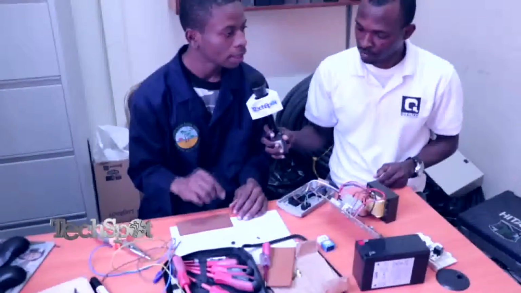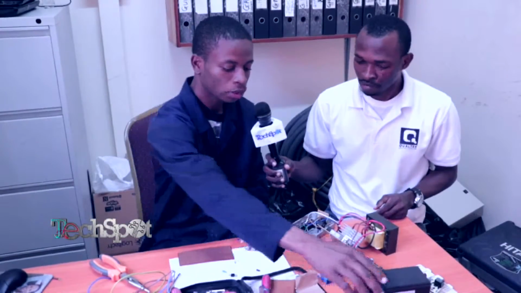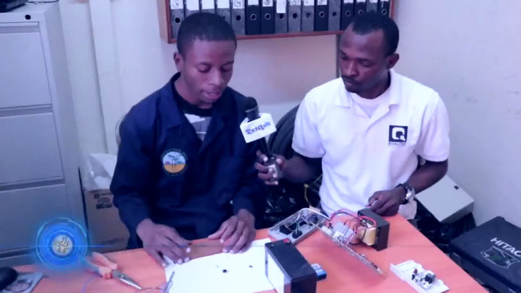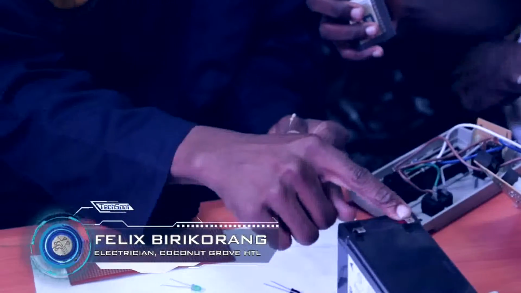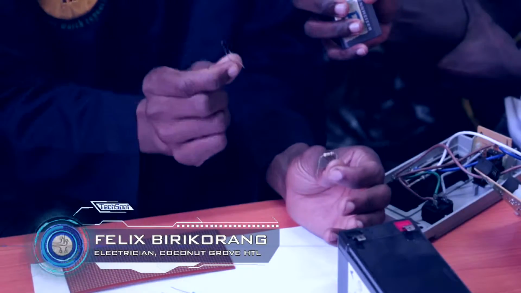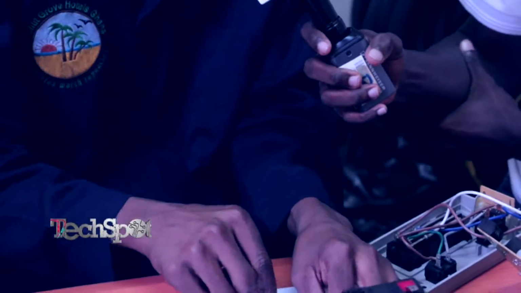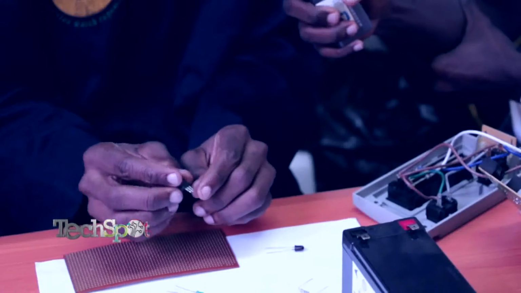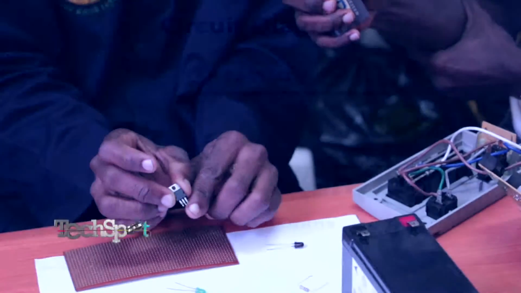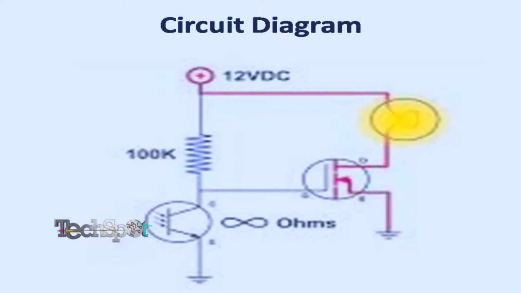So from our circuit diagram, we know we have our 12-volt battery source, then our resistor. This is a 100 kilo ohms resistor, and this resistor is going to be between the positive lead of the battery and the positive lead of the phototransistor. Then we have the gate, which is going to be the middle leg of the MOSFET, tapping into the connection between the resistor and the phototransistor.